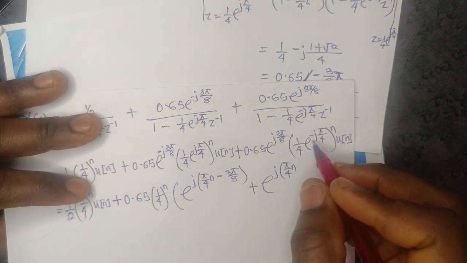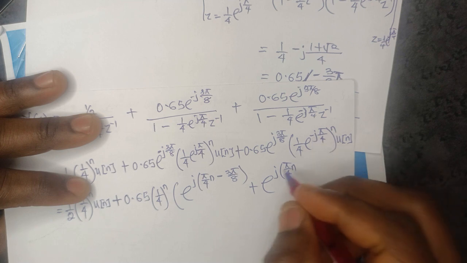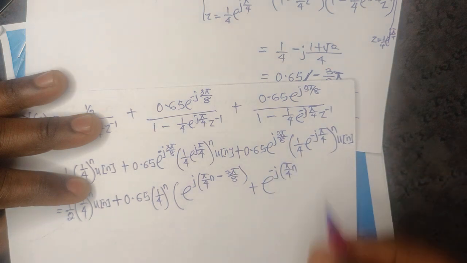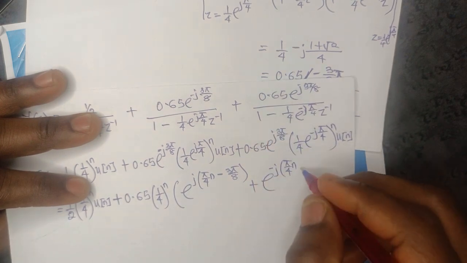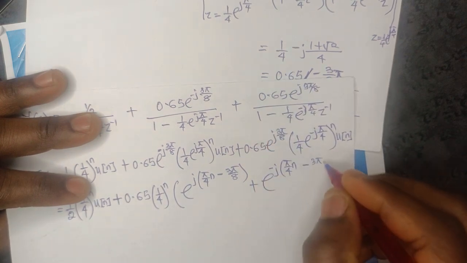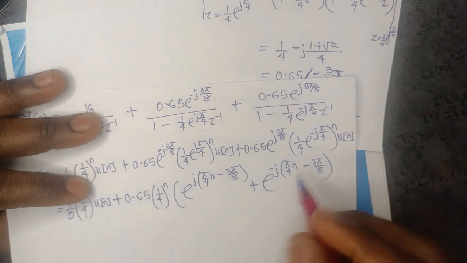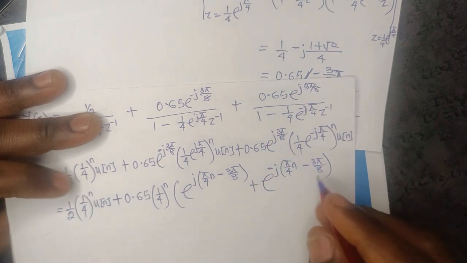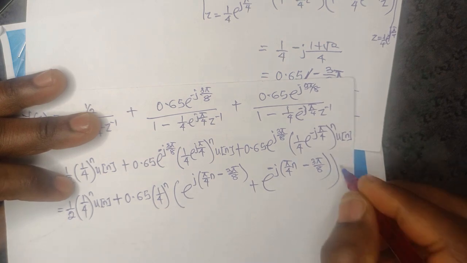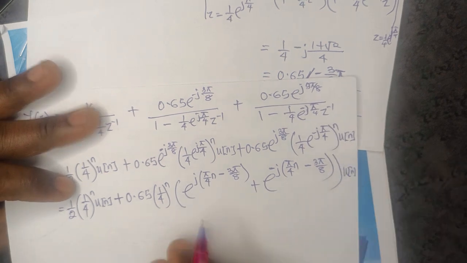This has a minus, so we put a minus there. Then when the minus counteracts with this, you have minus 3 pi all over 8, and minus times minus will make this one become plus again, 3 pi all over 8. So u of n. I believe this is getting clearer.